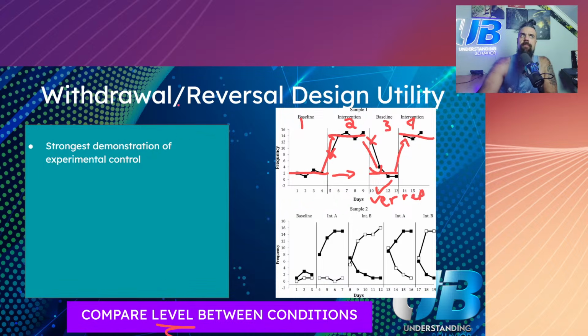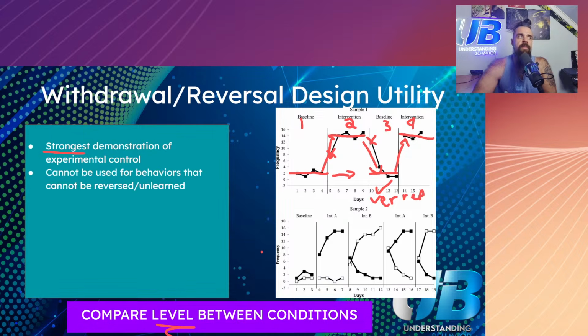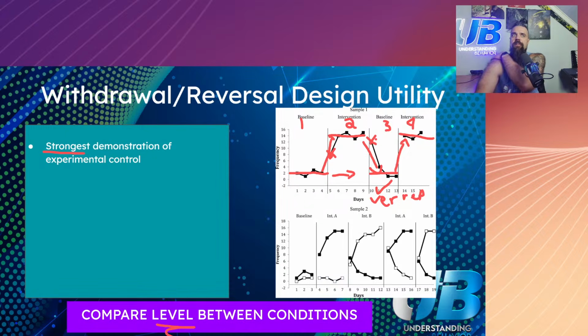So looking at our withdrawal reversal designs, this has our strongest demonstration of experimental control. So some designs are better than others at showing experimental control. And the main reason that the withdrawal reversal design shows really good experimental control is that we show the change in behavior very cleanly: everything's the same, but we add this one element, and then we take that element away, and the behavior reverts back.